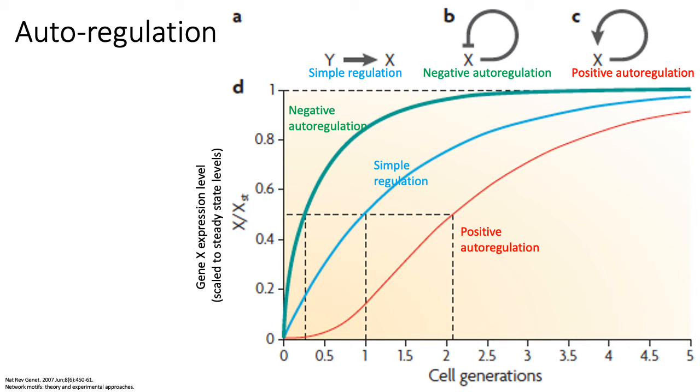And also the steady state level of the gene is a little bit higher because the gene is positively feeding back on itself. It's able to turn itself up higher and higher and higher, typically. And so what that means is that it can take longer for X to hit its maximum or its steady state level. And so this curve indicates that the response of X is slower compared to simple regulation.